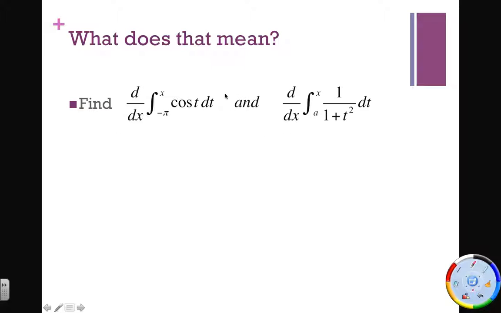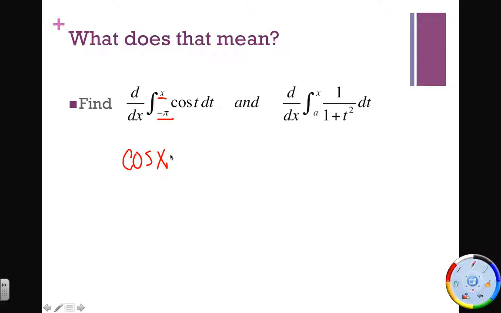We look at this and say, okay, this derivative is from a number to x. And we know that negative pi is on an interval that's continuous for cosine of x, so that's okay. And we'll just say, okay, well, this actually ends up just being cosine of x.